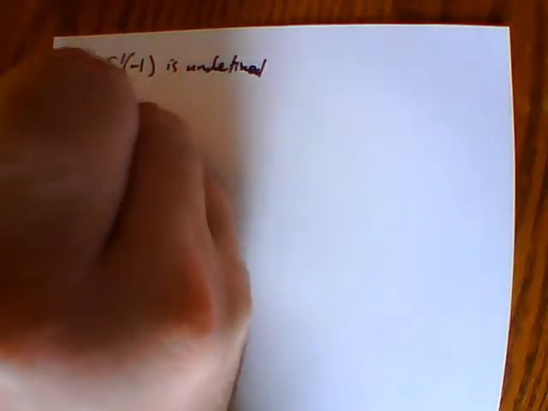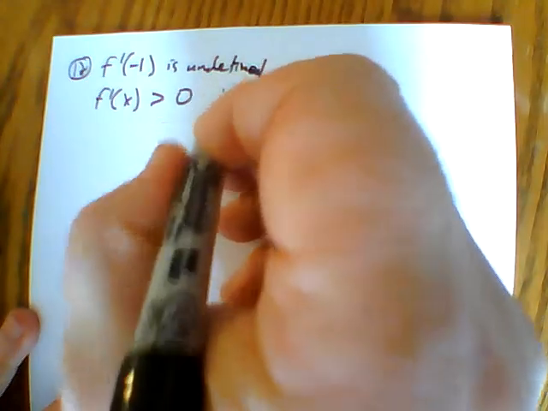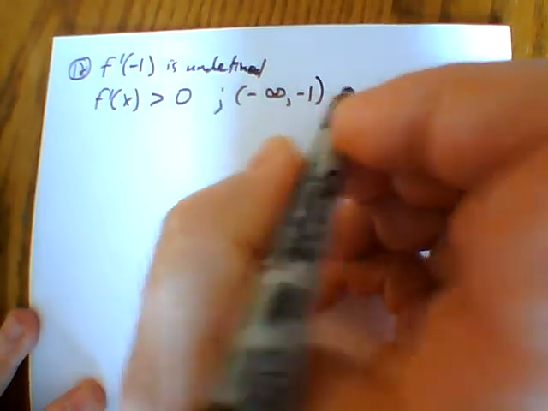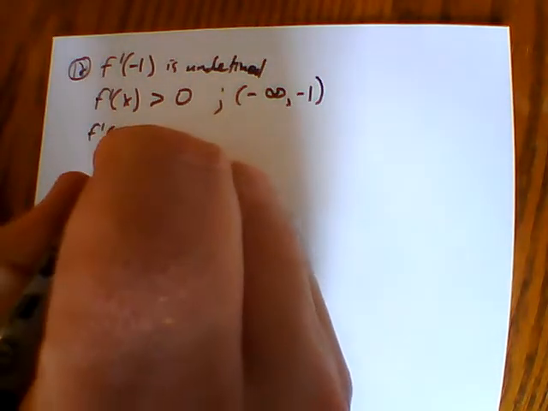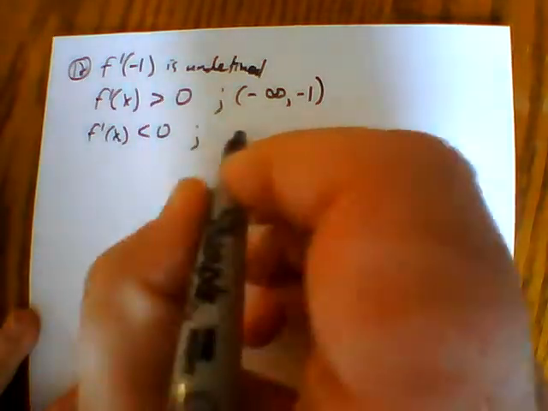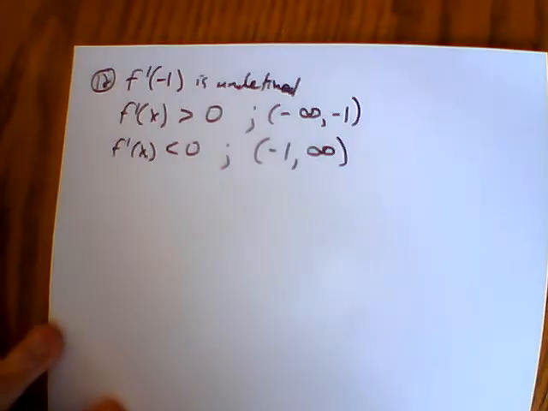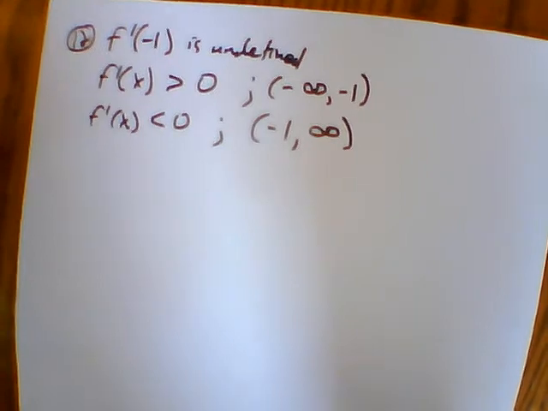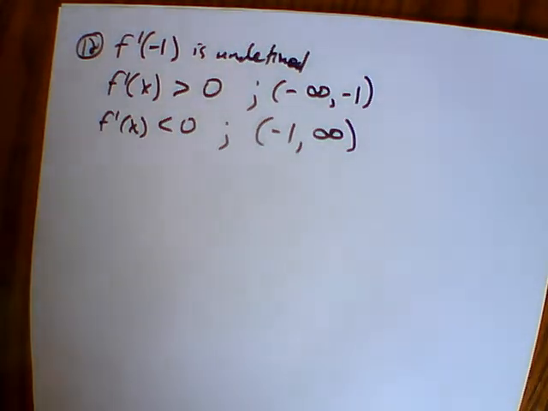It tells us that f prime of x is greater than 0 on our interval from -infinity to -1, and then f prime of x is less than 0 on our interval from -1 to infinity. So it's asking us, given these conditions, we want to graph our function. So we want to give a possible graph for what's going on.